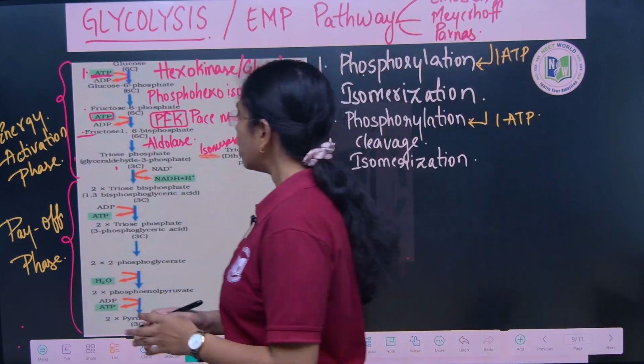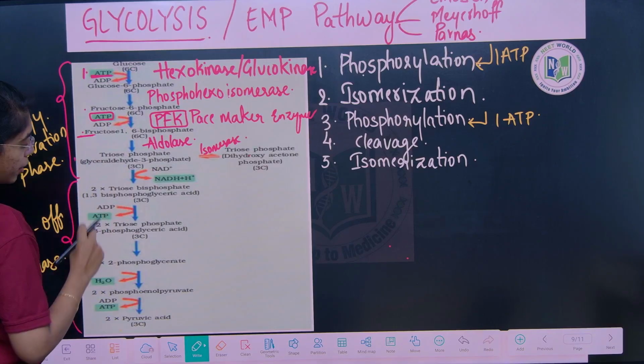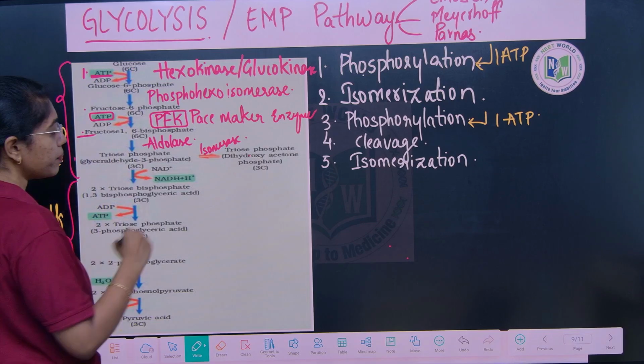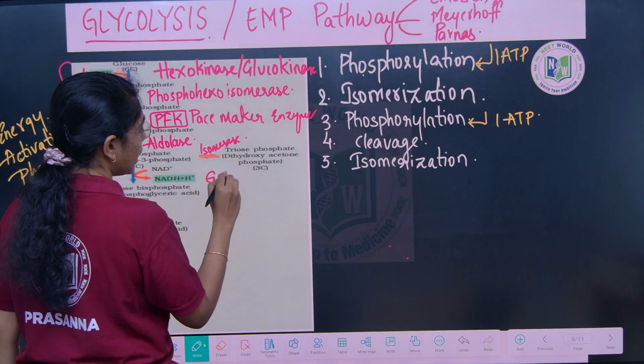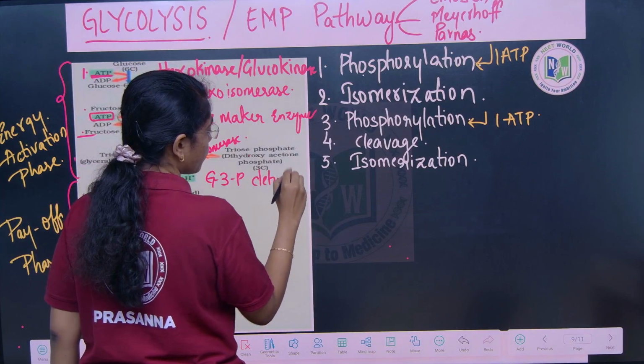So here first glyceraldehyde 3-phosphate will be turned to 1,3-bisphosphoglyceric acid, and this is catalyzed by the enzyme glyceraldehyde 3-phosphate dehydrogenase.